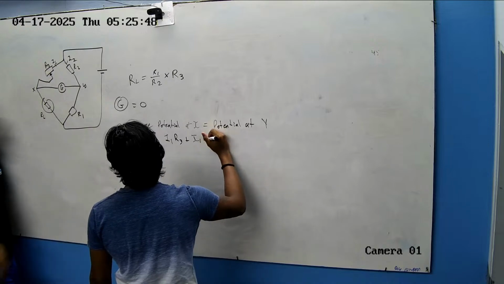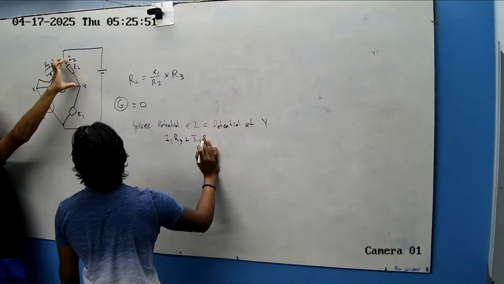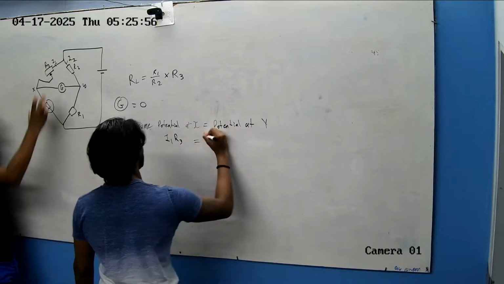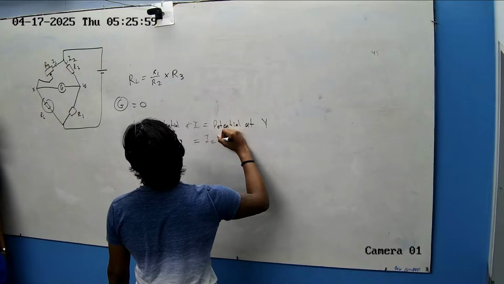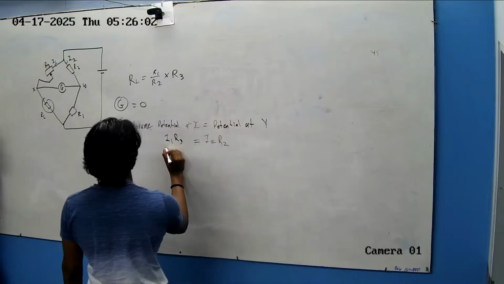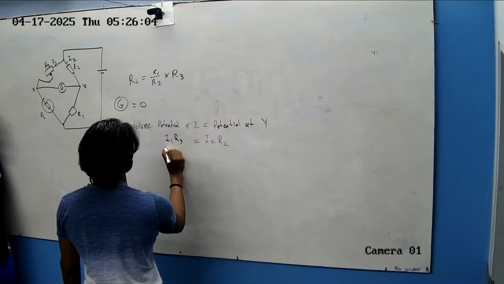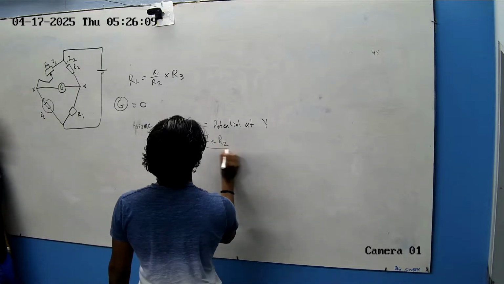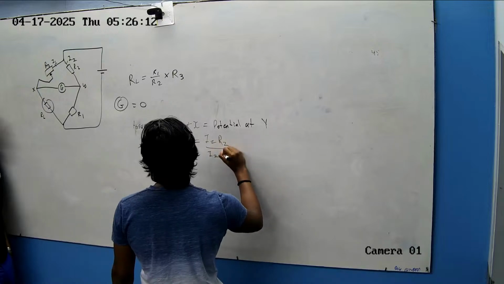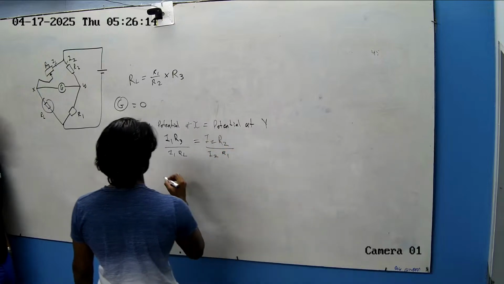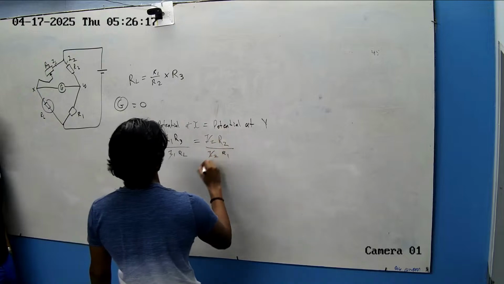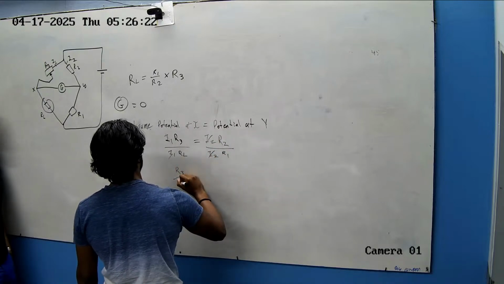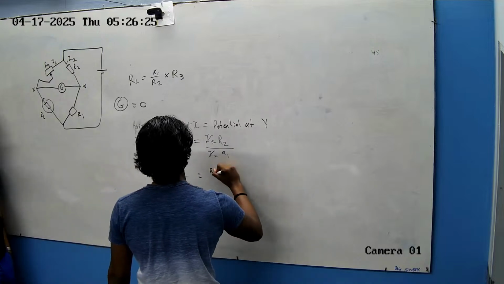So you just find I1R3 equals I2R, and that's divided by I1. Right, so the same proof again, right?